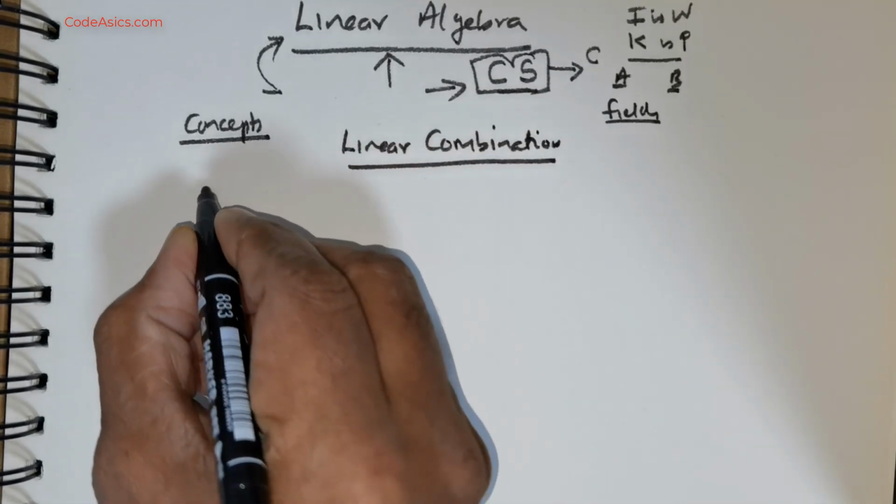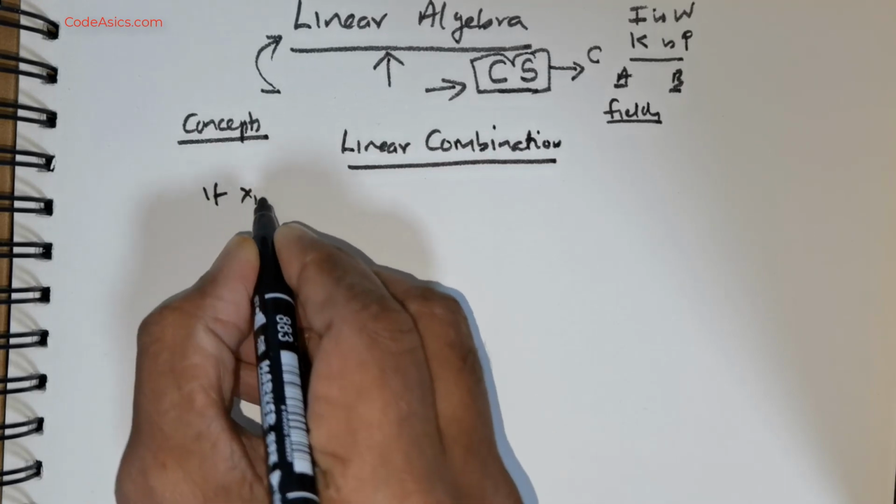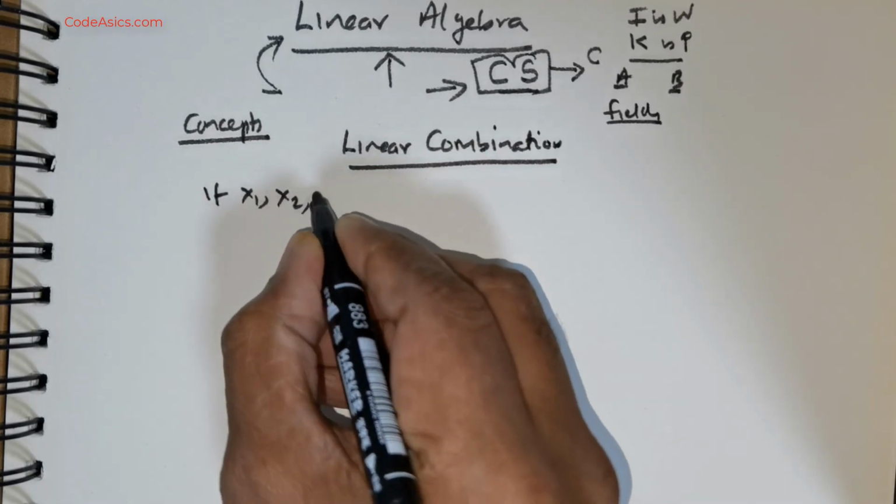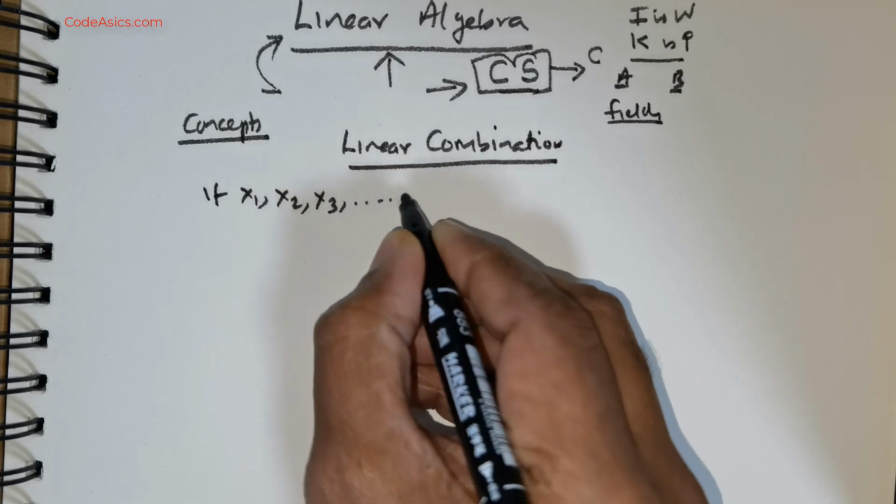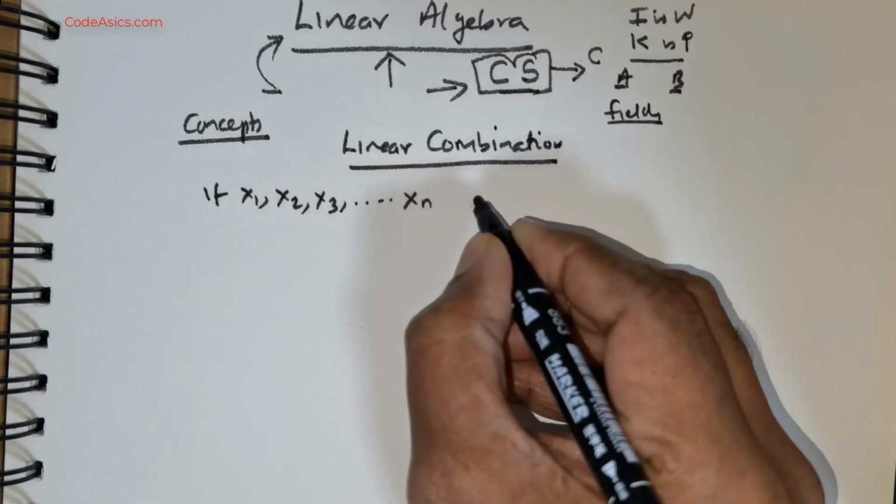Now suppose you have variables like x1, x2, x3, etc., all the way up to xn.